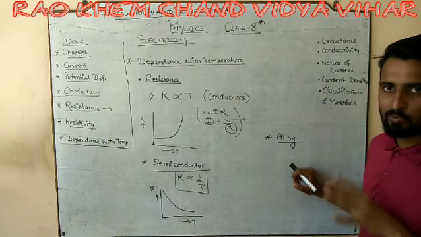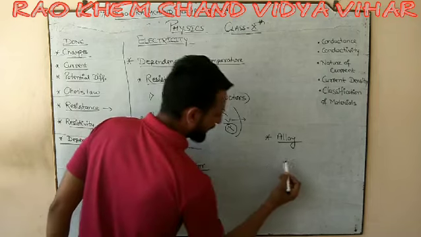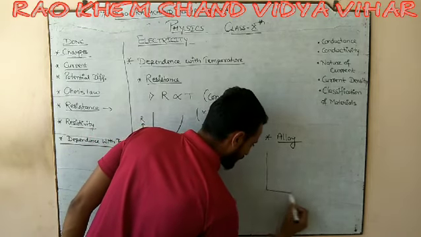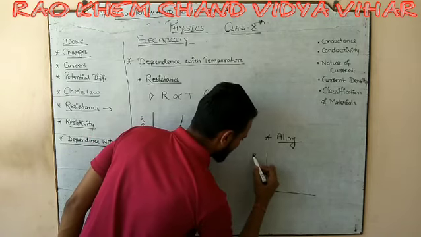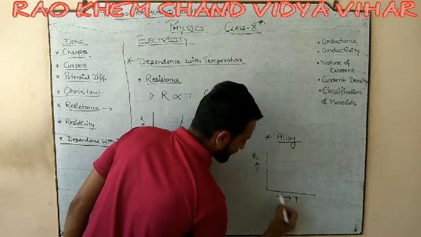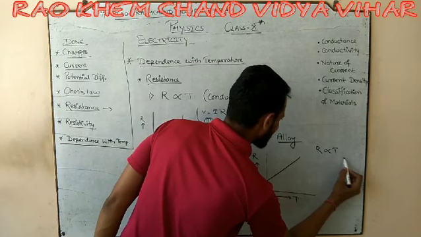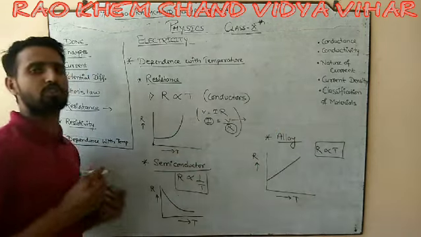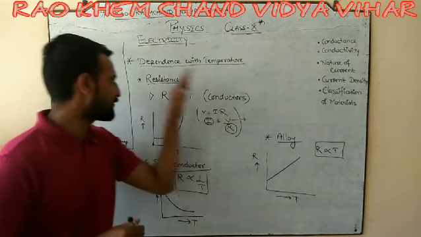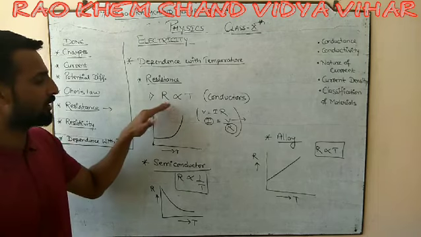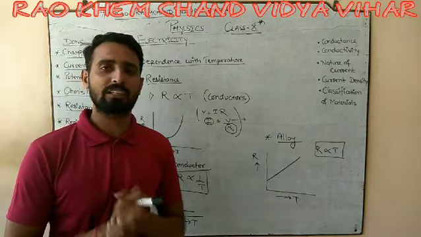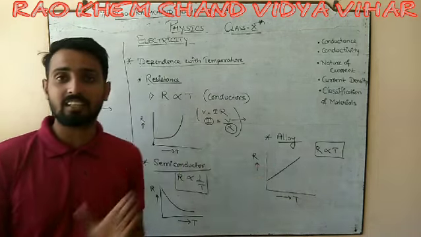And for that, what we do with the alloys is we mix two metals or non-metals in such a manner that the variation again remains directly proportional. So for alloys and conductors, the variation of resistance is directly proportional, meaning with the increase in temperature, resistance increases.